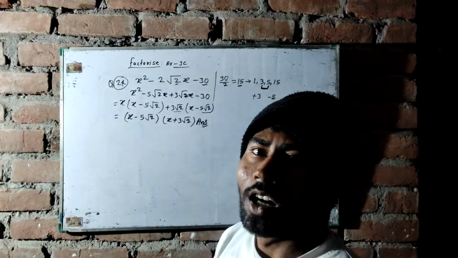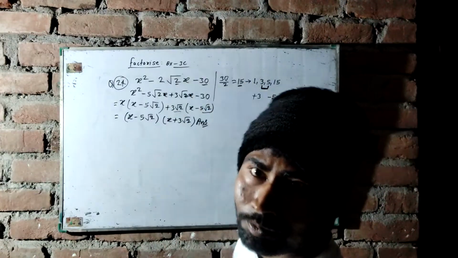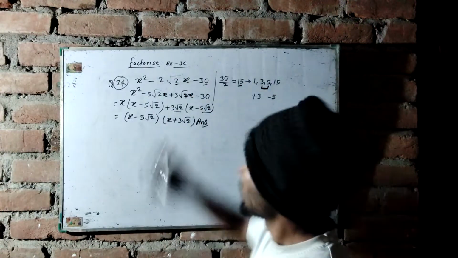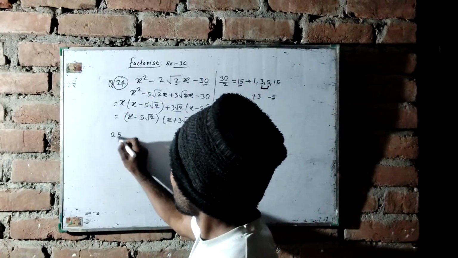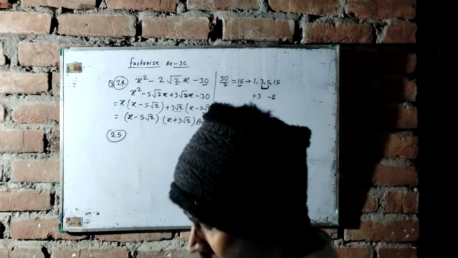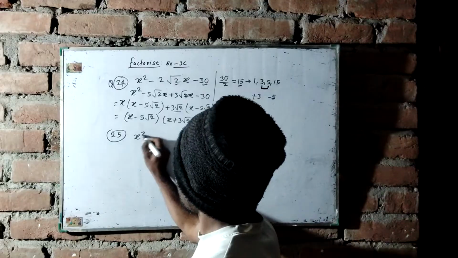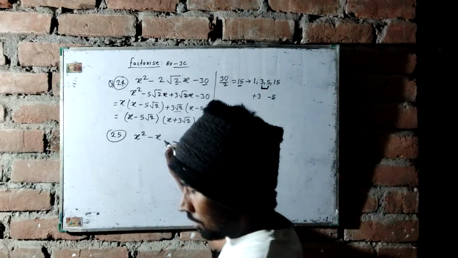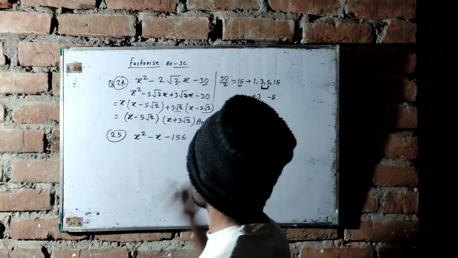Exercise 3C. Now let's go ahead to the next questions. Question number 25. X squared minus x minus 156.